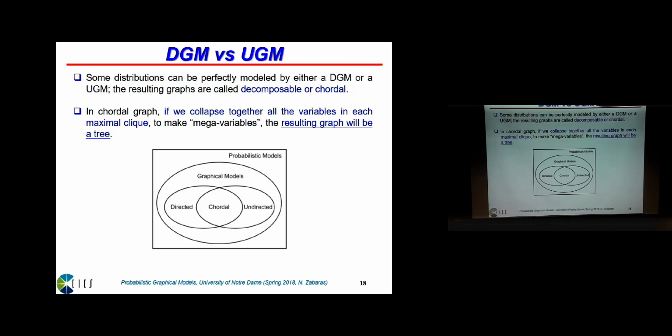Those chordal graphical models are models where, if you lump variables together in cliques, you get a tree, the same way as when we work with the junction tree algorithm. So there is a relation there. That's why the junction tree algorithm is successful. So a chordal graph is a graph where, if you collapse the variables in each clique together into mega variables, you get a tree. Apart from that, there is a whole set of conditional independence relations that you can get with directed graphs that you will never get with undirected graphs.